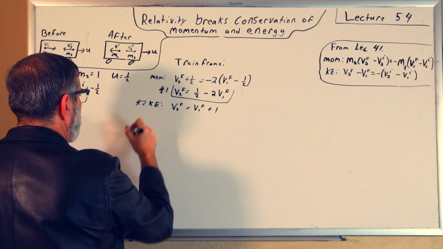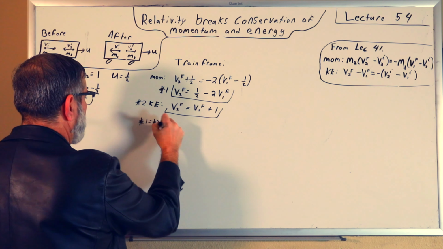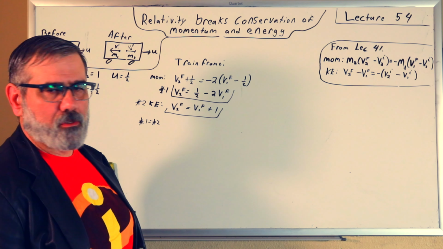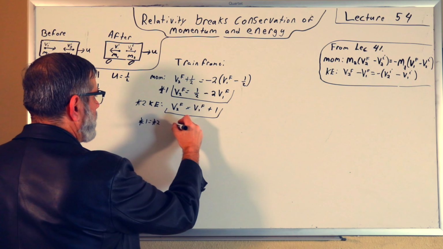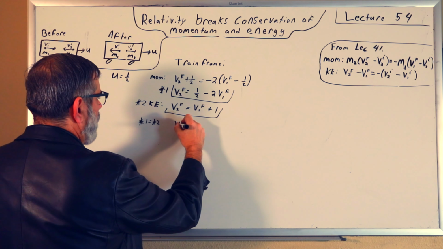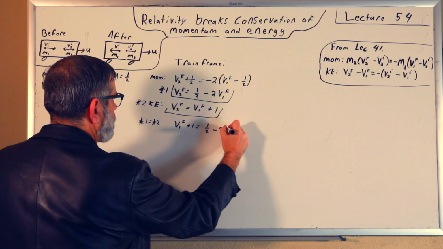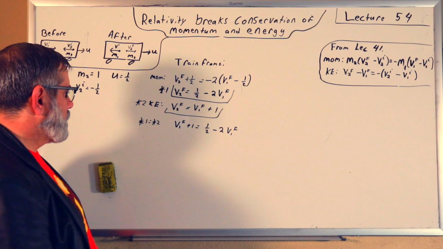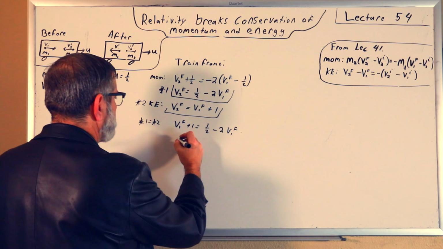star 2. If we set star 1 equal to star 2, these two equations, since they're both solved for V2F, then we can write that V1F plus 1 equals 1 half minus 2 V1F. Solve for V1F.